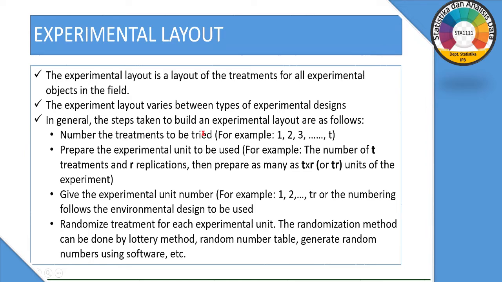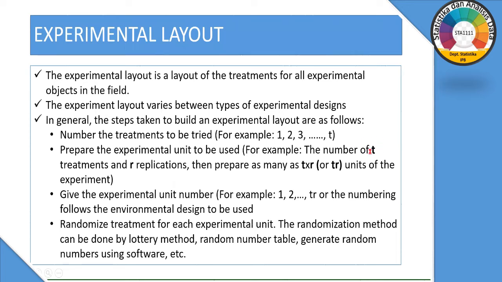And then prepare the experimental units to be used, right? For example, we have T treatments and R replications. Previously we talked about replication. So that you will know how many experimental units you use.